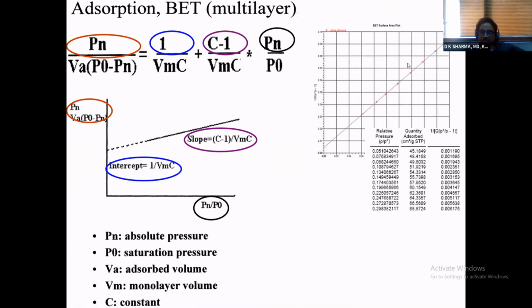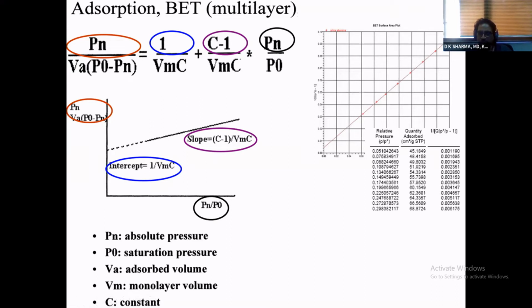This is the BET curve on the right hand side. From the whole isotherm, we have taken these points. It's not the complete isotherm. A few points of the isotherm have been taken for calculation of the BET area, or surface area.